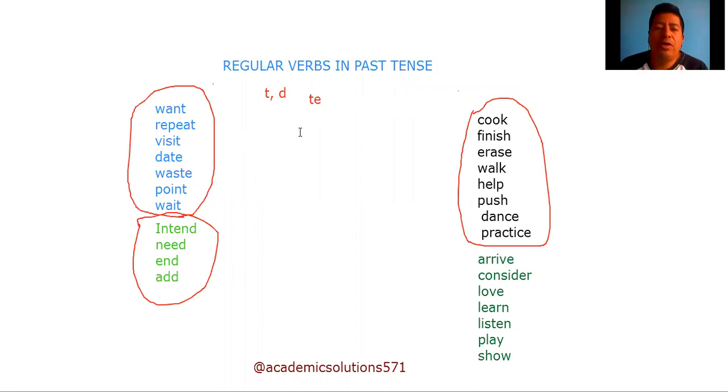So you already know that all the verbs that are regular, when they are in the past tense, they have the letters ED at the end, right? So if a verb already ends with the letter E, for example the verb date and the verb waste, the verb erase, the verb dance, the verb practice, arrive, love, all these verbs already end with the vowel E. Therefore, we just add the consonant D to them.